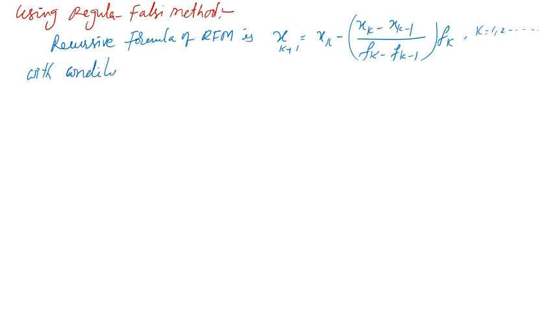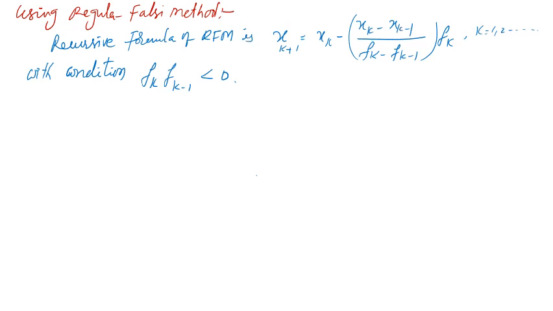What is the condition? The extra condition in RFM is that f of xk and f of x(k minus 1), the product must be less than 0. That means fk and f(k minus 1) have opposite signs.